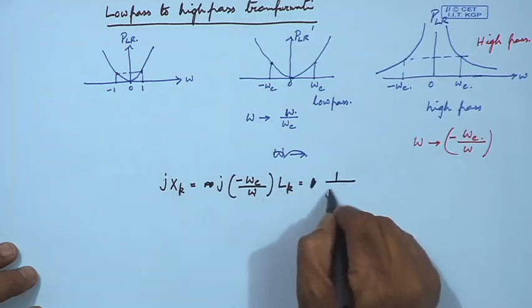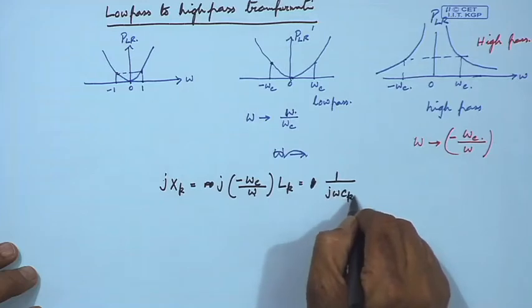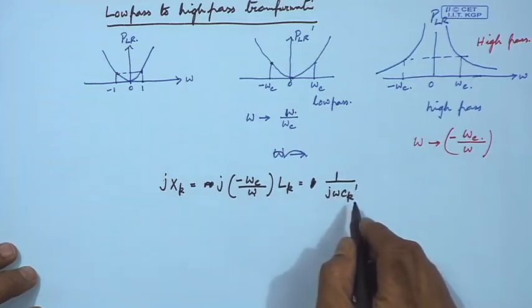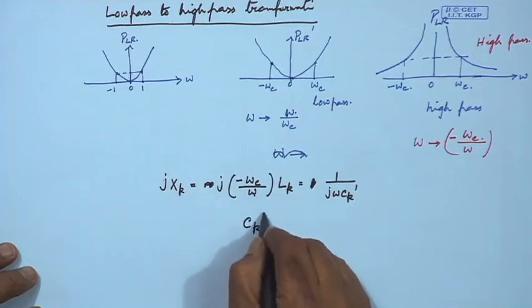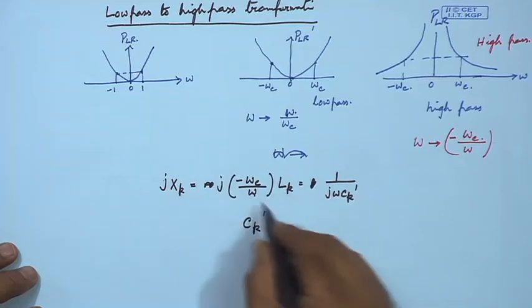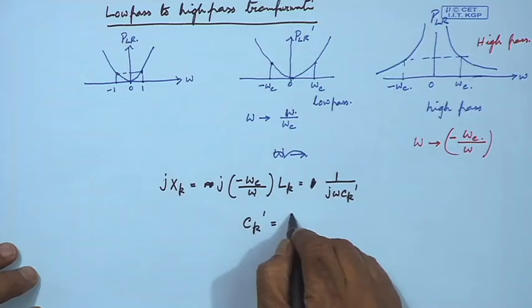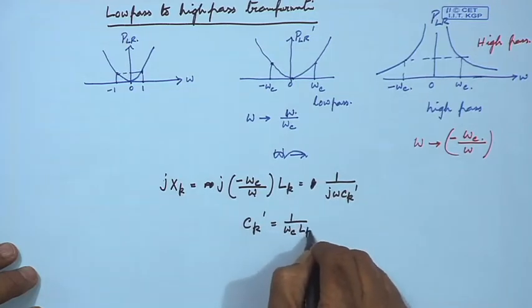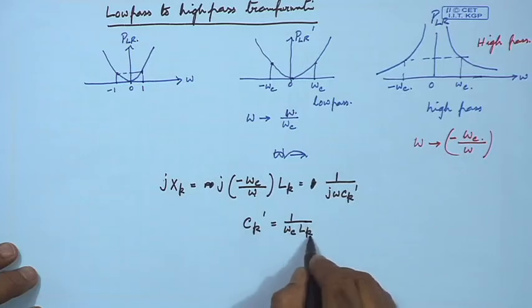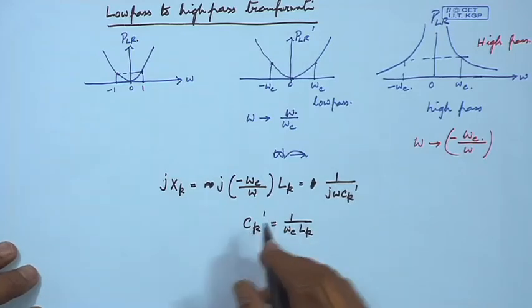So, I will call it 1 by j omega C k dashed, the new quantity C k dashed. So, from here you can see what is C k dashed. C k dashed is nothing but 1 by omega c L k. So, the previous prototype L k has changed to C k dashed.